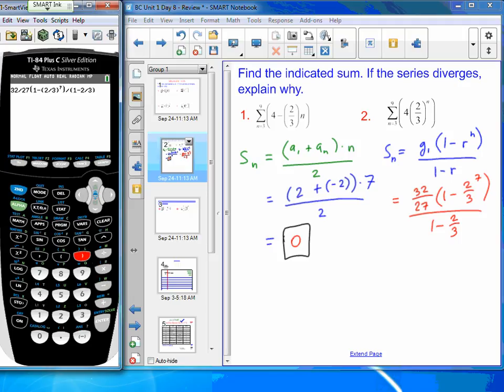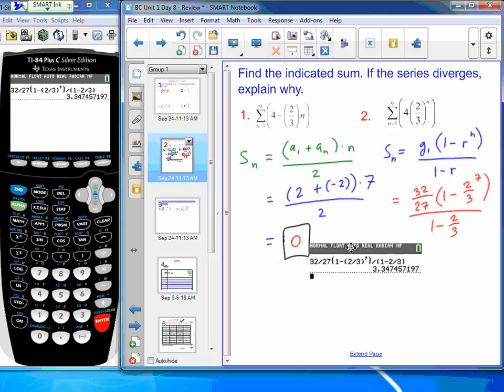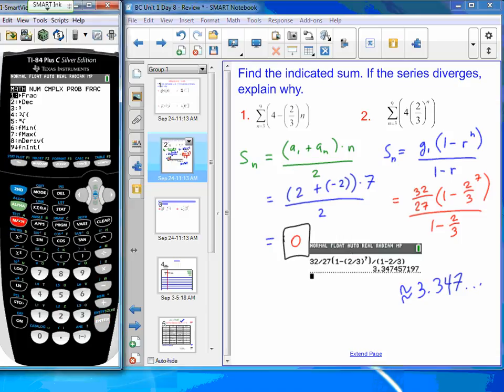We're okay. And survey says, raise your hand if you had 3.347. Yes! That's great news. So about 3.347. But with all those fractions, I bet this is rational as well. So if I did a math frac, nope, no go. Too tough to change?